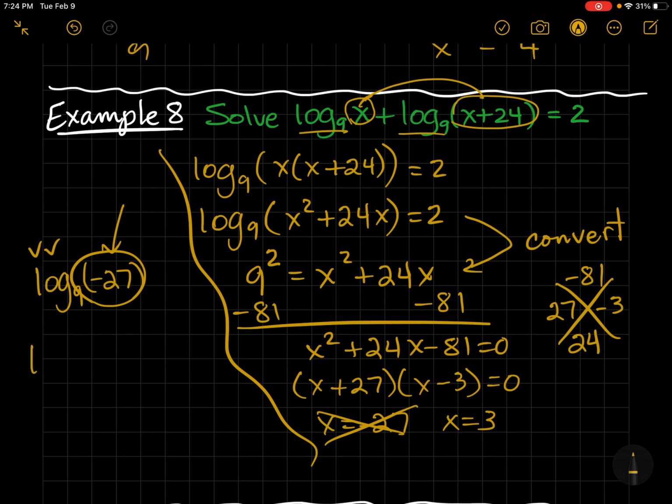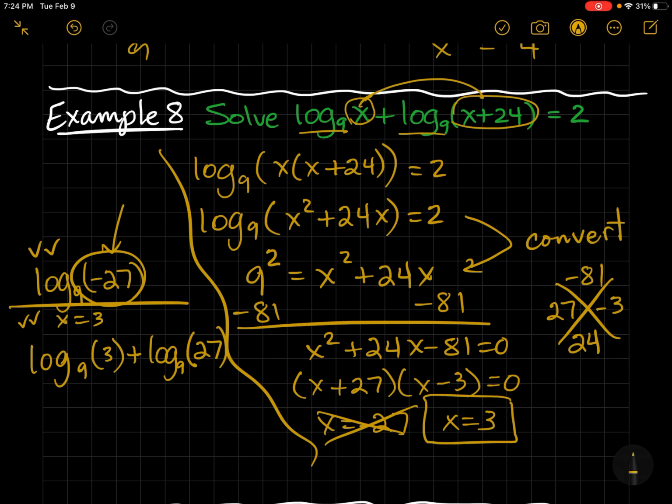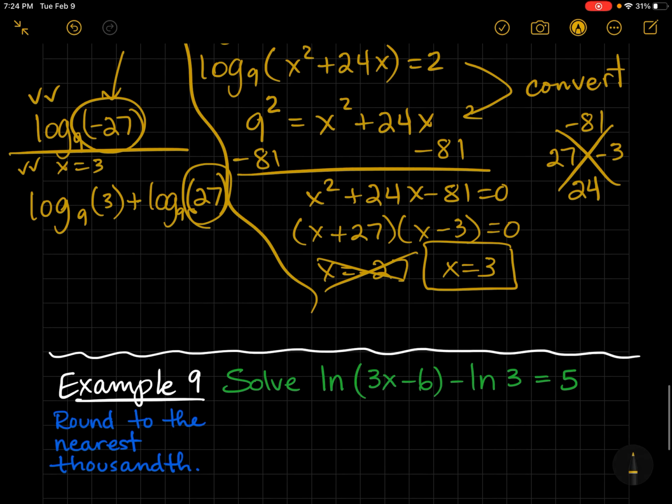And if I plug 3 in, so now I can double check x equals 3. That's good. And if I punch in over here, I get 27. So that's good. So this is a good answer. I just want to make sure I'm not taking the log of a negative number.